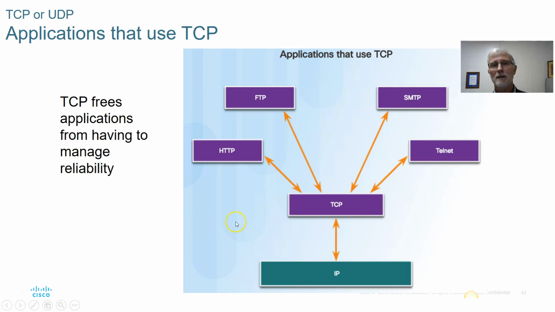Now, TCP, there are a few applications, and we mentioned some of those. In my mind, if you're trying to control data, you're going to use TCP, and that's what you see here. I'm trying to use my web server. I'm going to do a file transport. I've got email. I'm trying to connect into a device. All of these would be candidates for TCP because I want to make sure data doesn't get lost and it's correct.